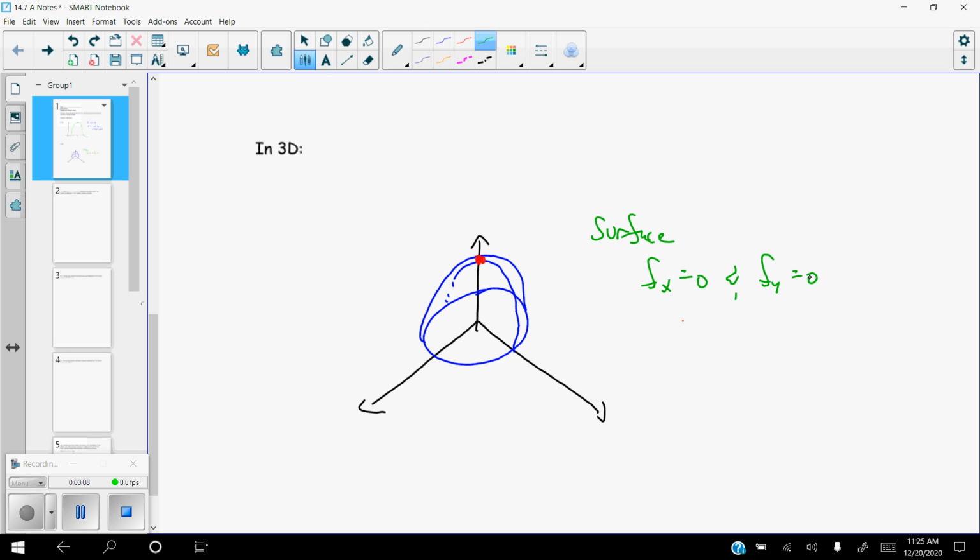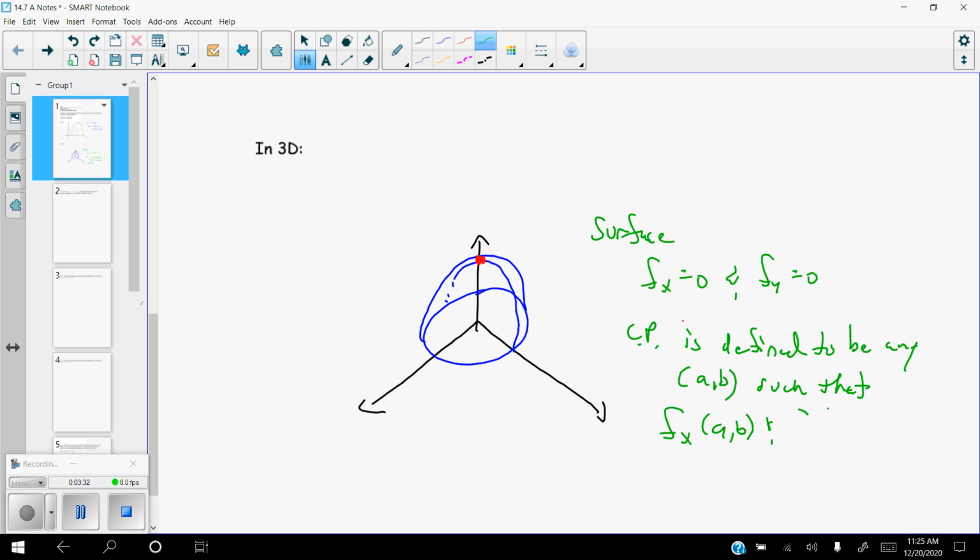So a critical point in 3 dimensions is defined to be any point (a, b) such that the partial derivative with respect to x at the point (a, b) and the partial derivative with respect to y at the point (a, b) equal 0.